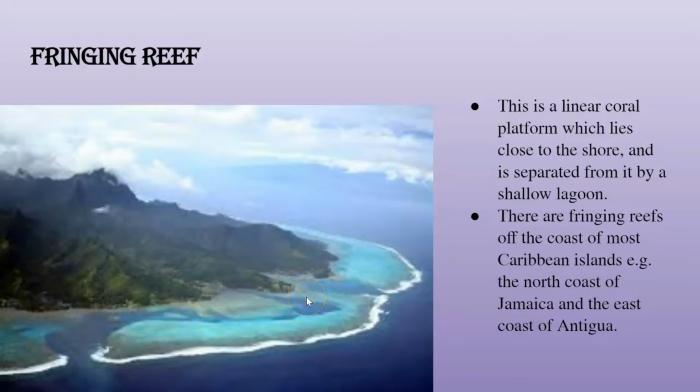Now, there are fringing reefs off the coast of most of the Caribbean islands, including the north coast of Jamaica and the east coast of Antigua. The fringing reef is a linear coral platform which lies close to the shore, and it is separated from the land by a very shallow lagoon.